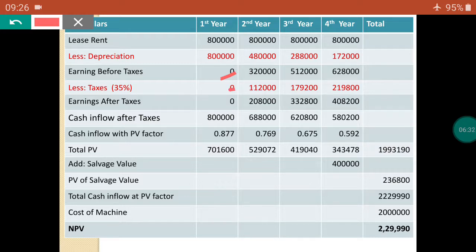Next, EBT is 3 lakh 20,000 rupees, 35% tax is 1 lakh 12,000 rupees. Next, EBT 5 lakh 12,000, the tax of 35% is 1 lakh 79,200. And next, EBT is 6 lakh 28,000, the tax of 35% is 2 lakh 19,800.